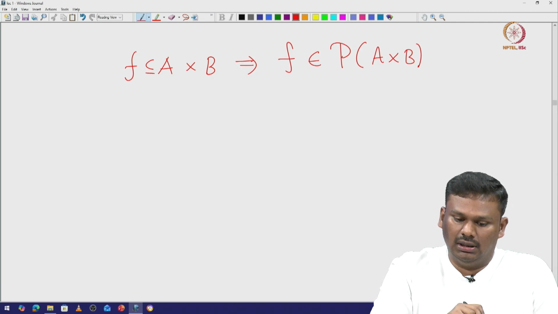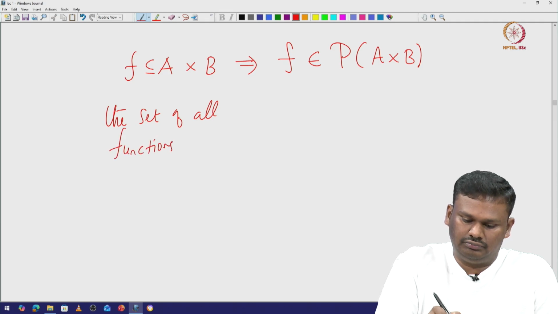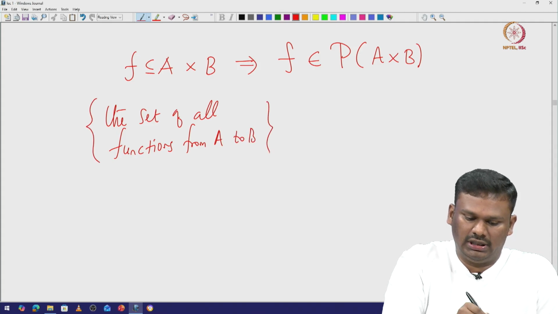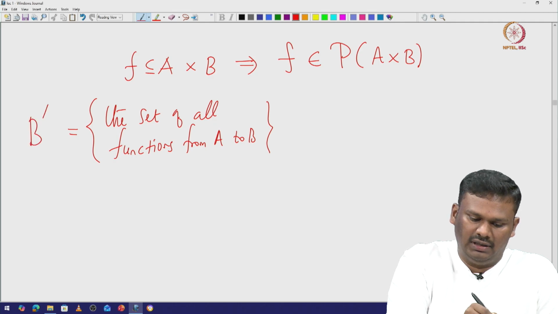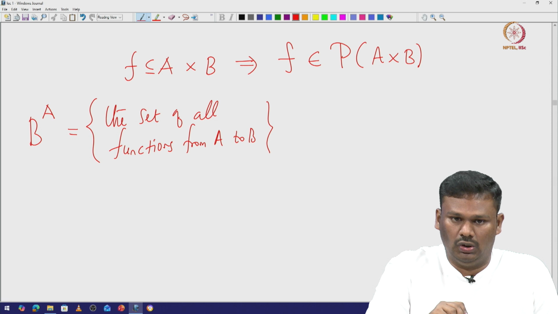So now, if I consider the set of all functions from A to B, it is usually denoted by B power A, where A is the domain and B is the codomain.